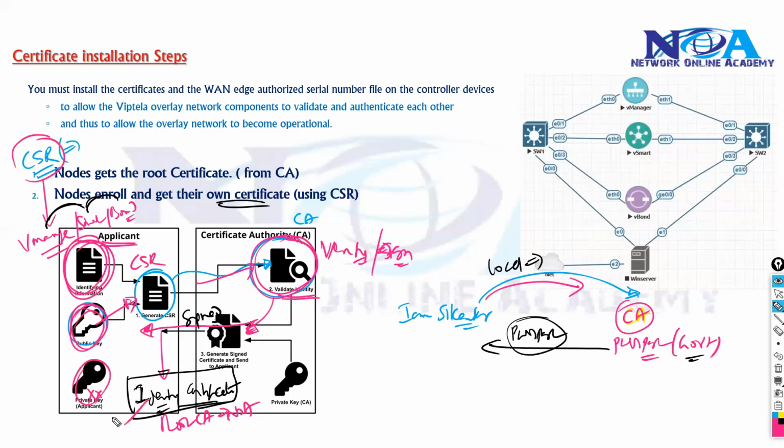So they are going to trust this certificate issued by it. In the first step itself, every node knows its root, which means any certificate issued by that root is automatically trusted. So they will be enrolling their own certificate.